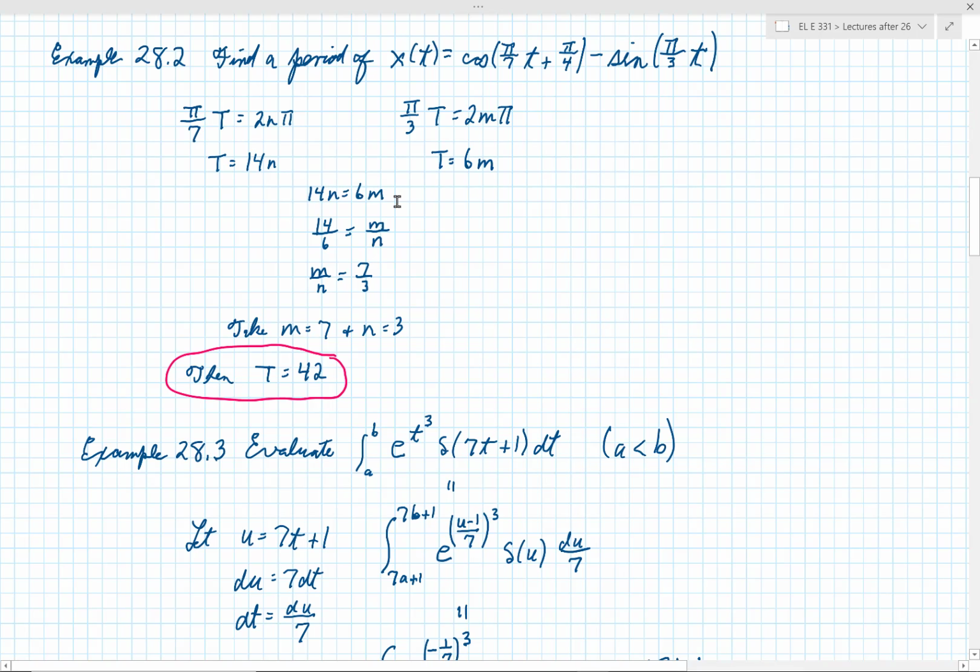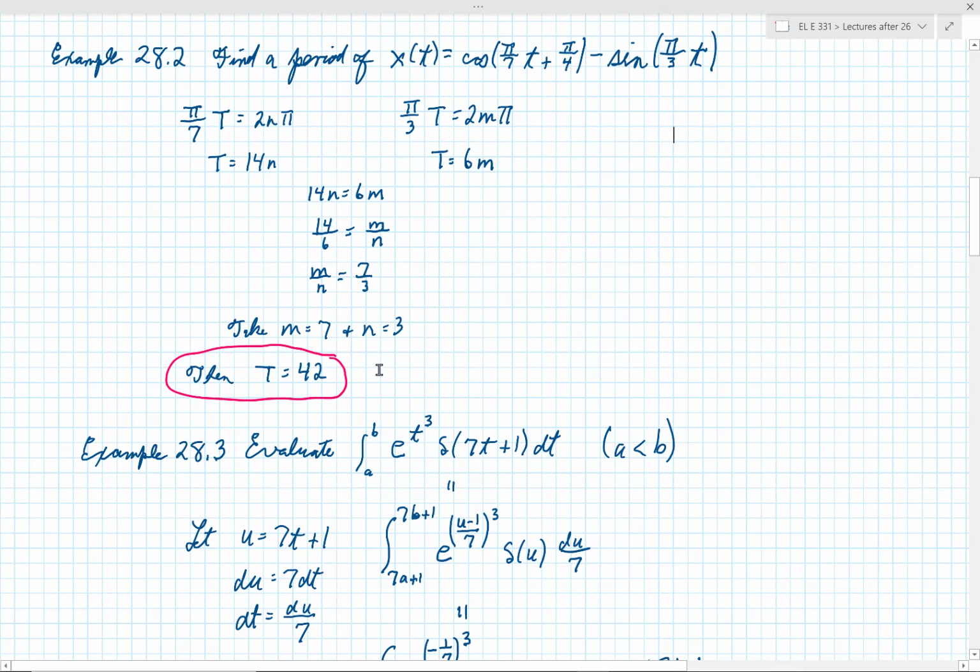If T is equal to both of those, then we can set them equal to each other. 14n is equal to 6m, or 14 over 6 is m over n, which means m over n is the same thing as 7 over 3. We can pick any m and n that satisfy that equation, so let's pick the simplest: m equals 7 and n equals 3. If n is equal to 3, this equation gives T equals 42, and likewise, if m is equal to 7, this equation gives T equals 42.